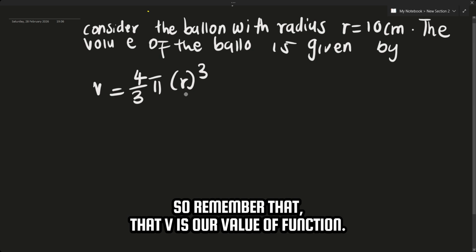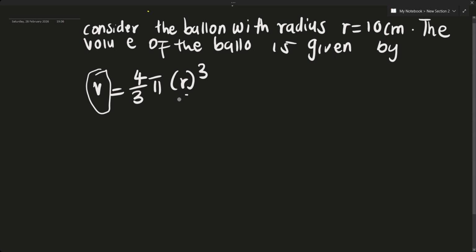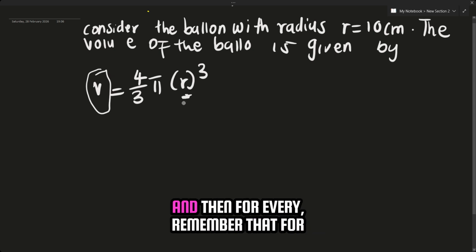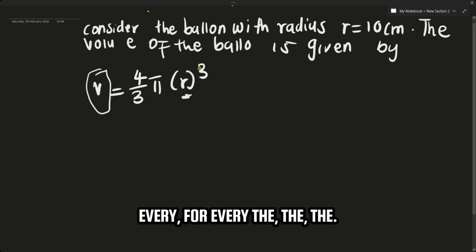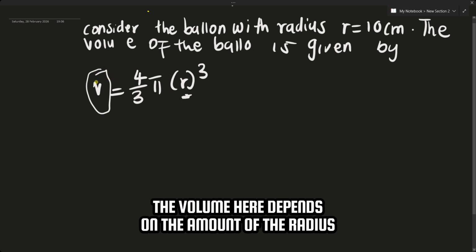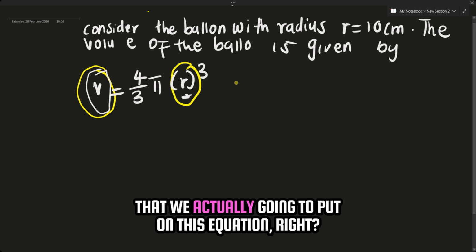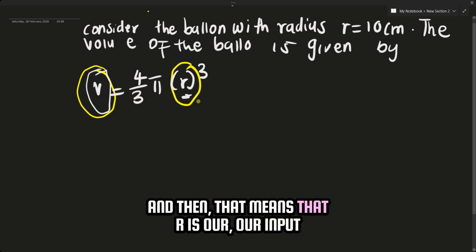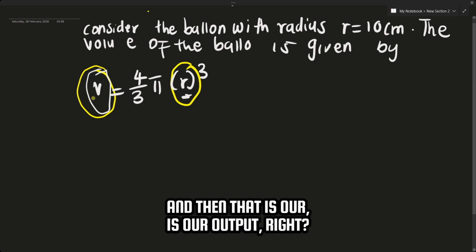So remember that V is our value of the function, our y, and r has to be our x, right? This is the output, this is the input, right? And for every volume here, it depends on the radius that we put into this equation, right? That means r is our input and V is our output, right?